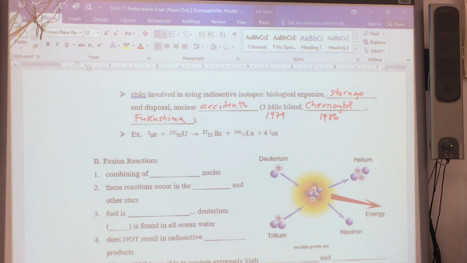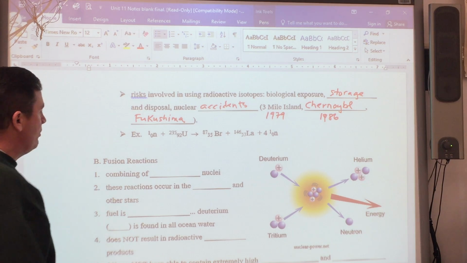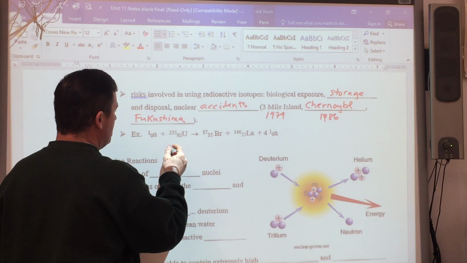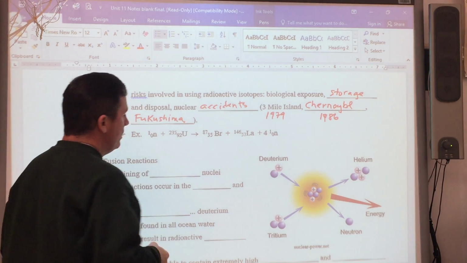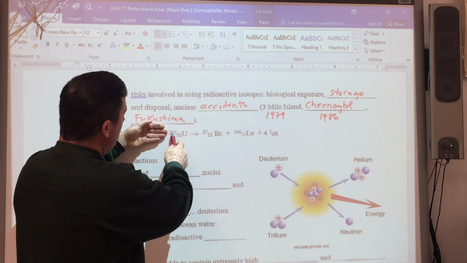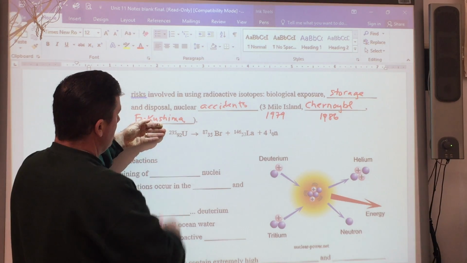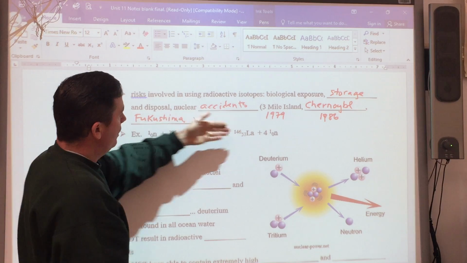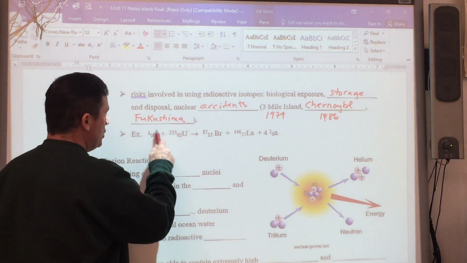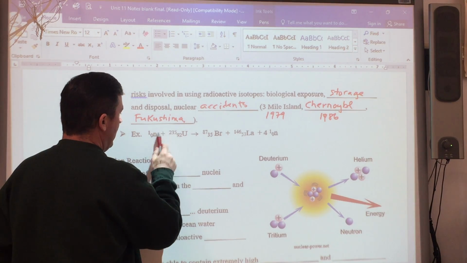Okay? So, how do I recognize an artificial transmutation? Well, if it's a natural transmutation, you're only going to have one reactant. Then you'll have products. If you have an artificial one, you'll have two reactants.